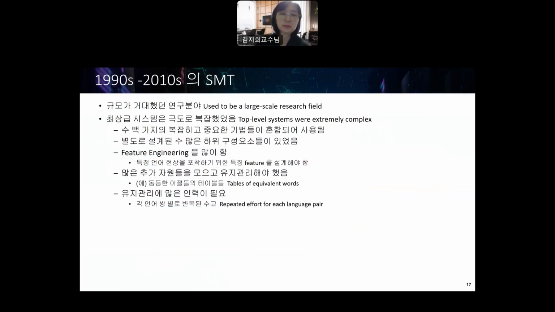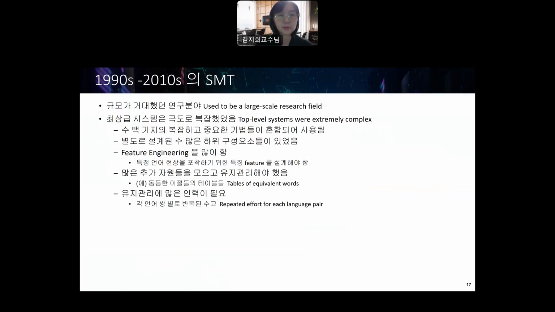Statistical machine translation used to be a very big research area. There was a huge research effort in academia. And you can imagine maintaining all these tables and tricks. It was an extremely complex system, and there were many different techniques combined.